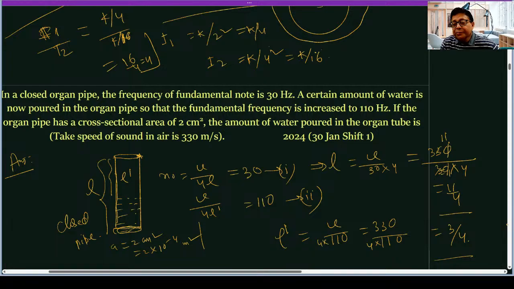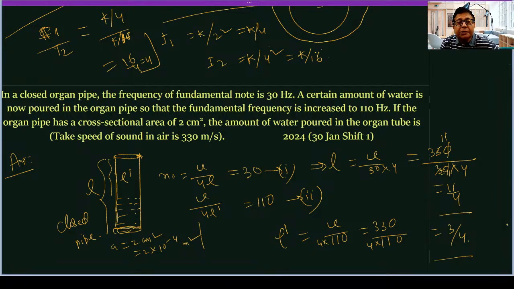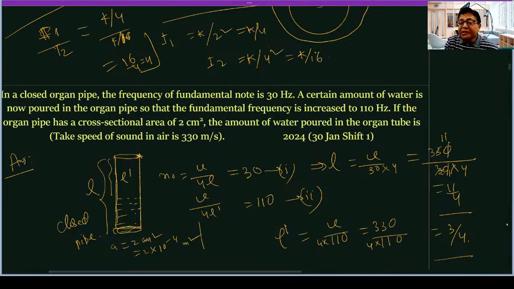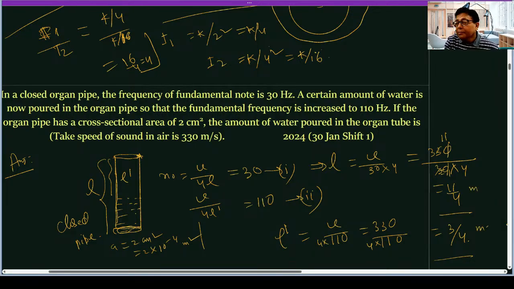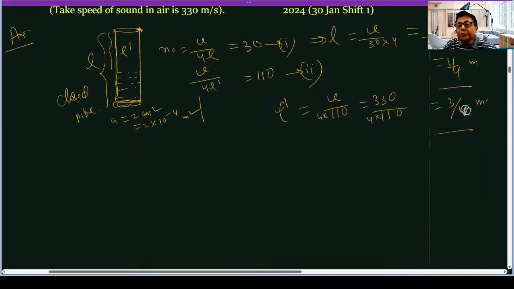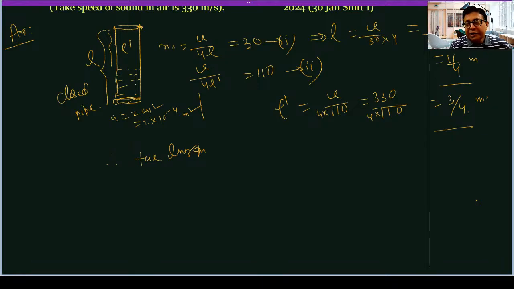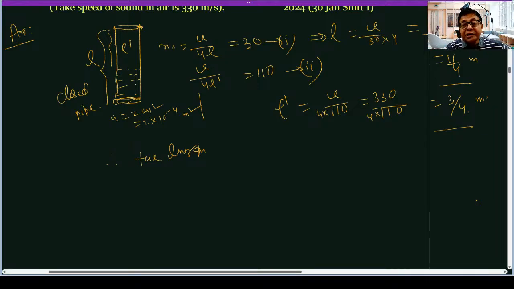You assume that 3/4 of, because the way you have taken, it must be in meter. Meter. So length of tube is how much? Therefore, the length increased, length of the tube decreased.